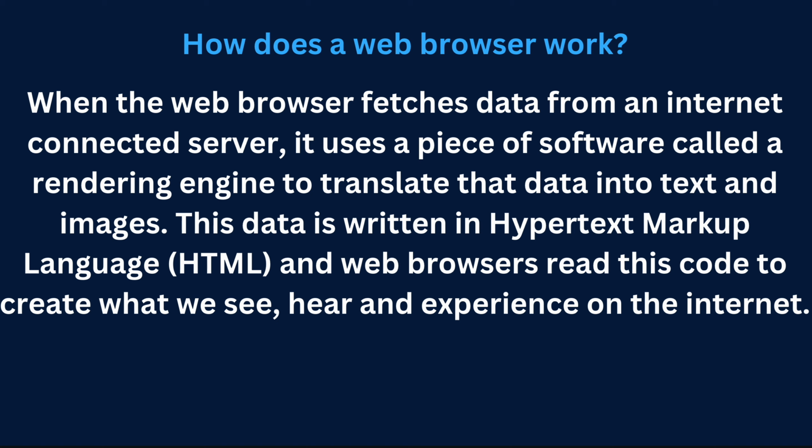How does a web browser work? When the web browser fetches data from an internet-connected server, it uses a piece of software called a rendering engine. Every browser has some rendering engine, right?